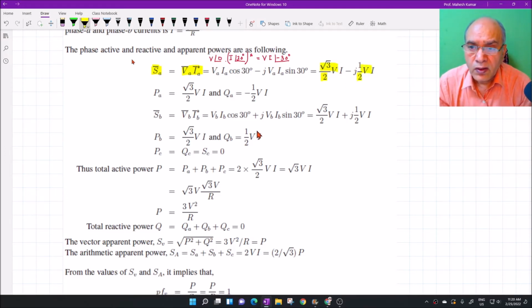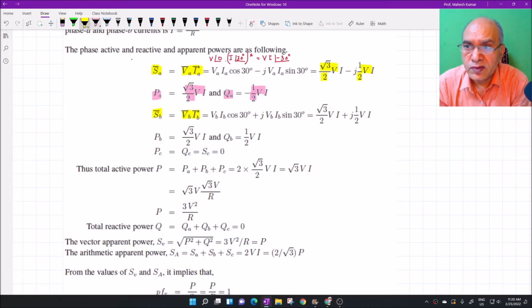Then we can find the real power, PA, which is root 3 BI by 2, and QA is minus BI by 2. Similarly, we can find the complex apparent power for phase B, which is BB into IB conjugate.